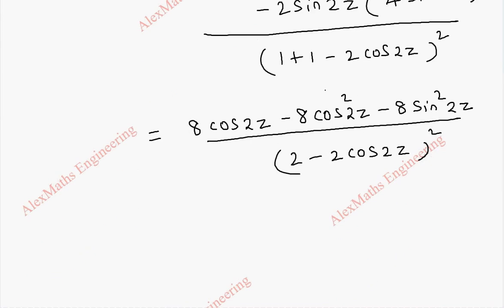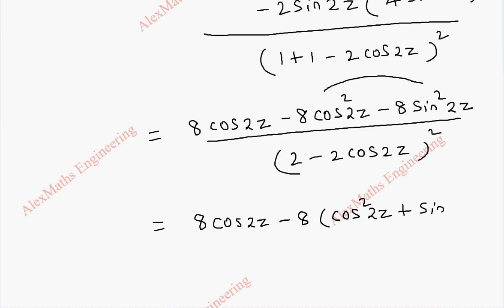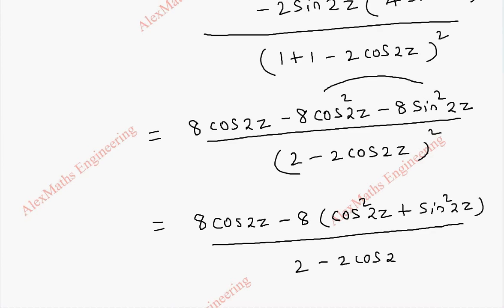By taking minus 8 common from this, we get 8 into cos 2z minus 8 into cos square 2z plus sine square 2z whole division. This is 2 minus 2 cos 2z whole square.